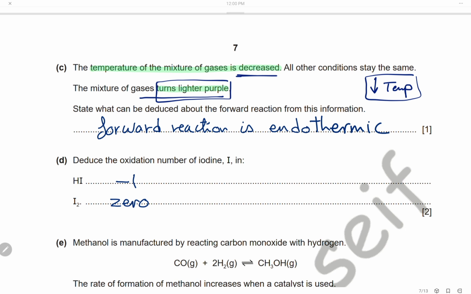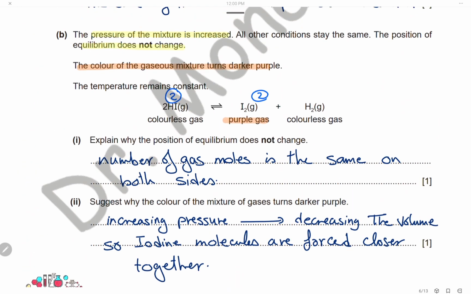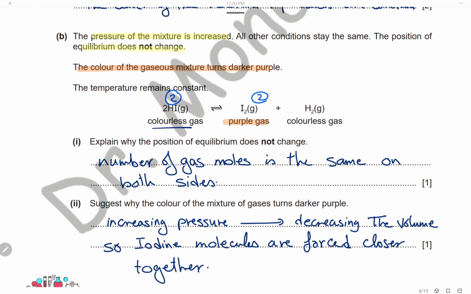So we will go back to the equation to see what we can deduce about the forward reaction from this information. By decreasing the temperature, the color turns lighter purple. How can this give a suggestion about the forward reaction? So we will go back to the equation. Here the lighter purple color, of course, is on the left side. So by decreasing temperature, the equilibrium is shifted toward the left side.